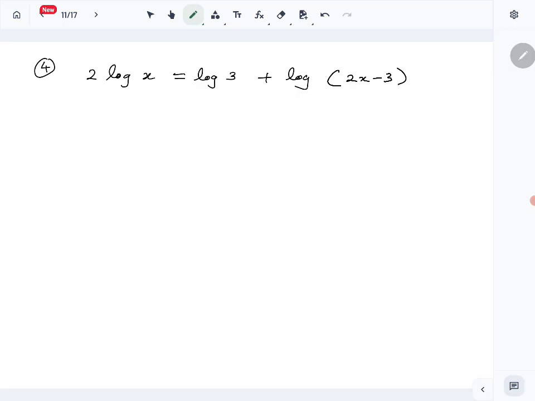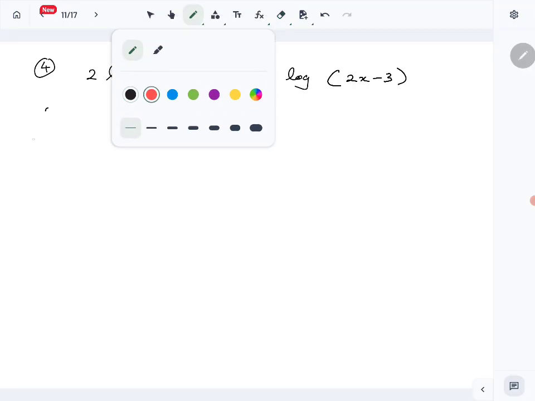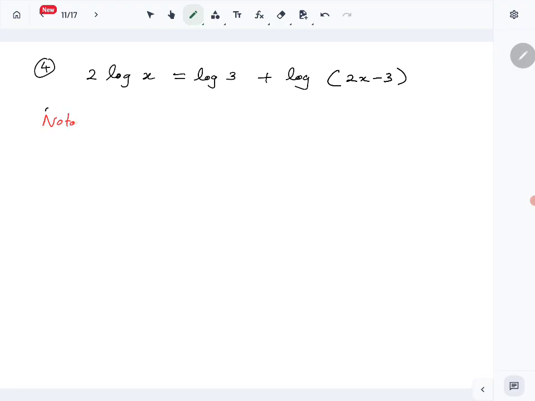And here notice there's no base given, right? There's no base written. This is just a notation, okay? So we'll write that down. When they don't write any base, it's like this log. That means it's base 10. This log is equal to log base 10. This is called common log.